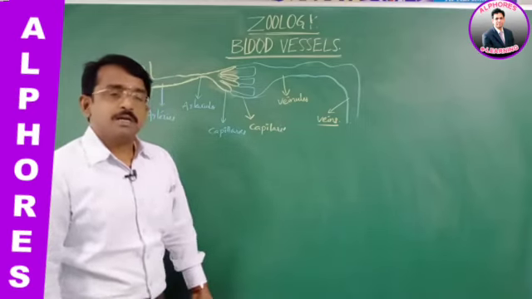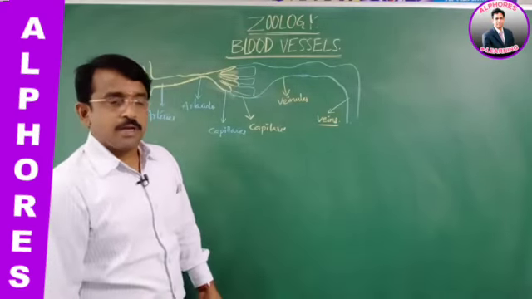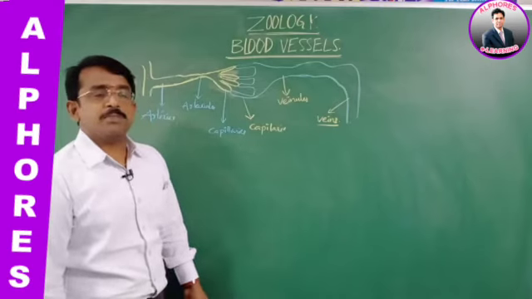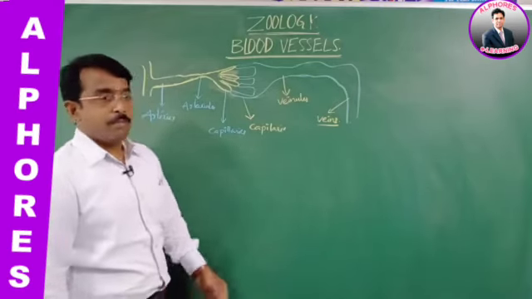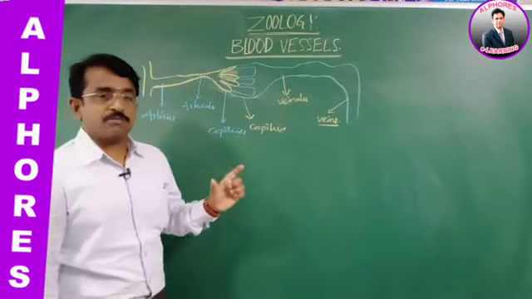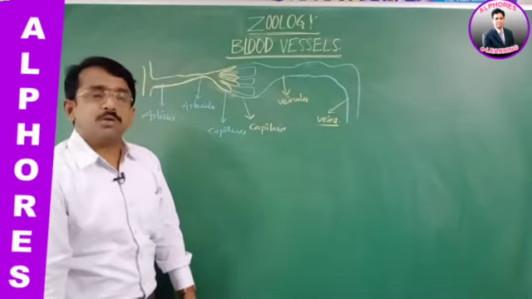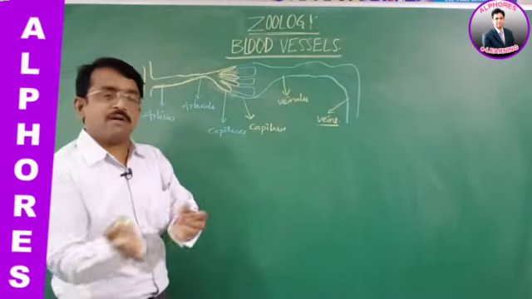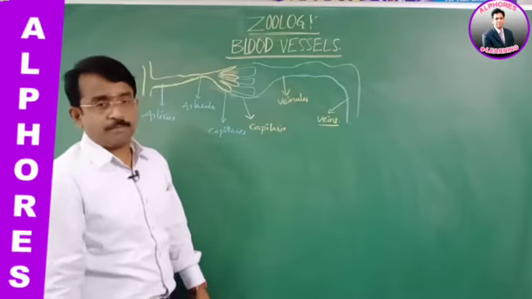In cockroach, we discussed the perivisceral, perineural, and pericardial sinuses. But in the case of the earthworm and human beings, the blood flows only through certain blood vessels. It does not come out, and we have seen the differences between the closed and open types of circulatory system.